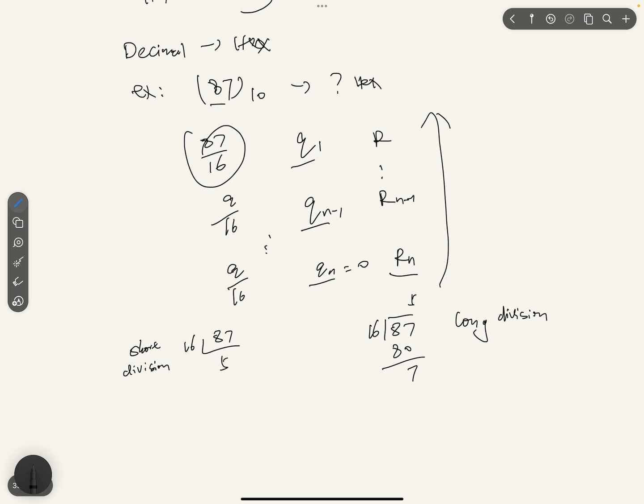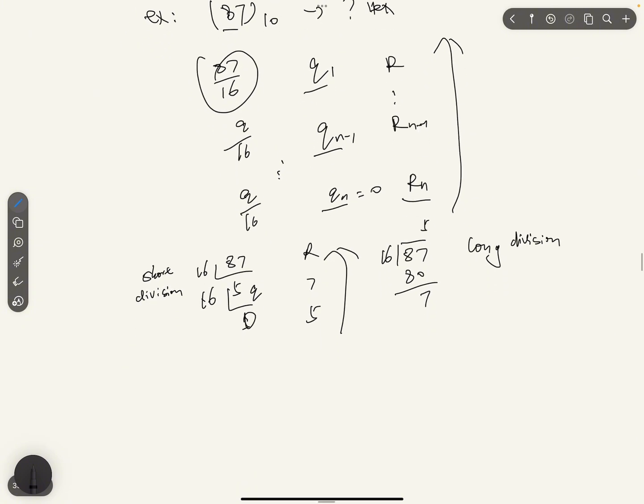We have 5 as the quotient and remainder 7. And we divide 5 by 16 again. That gives us 0, and the remainder will be 5. Now in reverse order, we will have 57. So that will be our result. So 87 in decimal is 57 in hexadecimal.